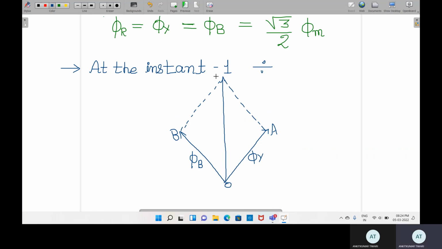So this is OC. Let us assume it is OC. Now, if we divide OC by half, it will be drawn like this.